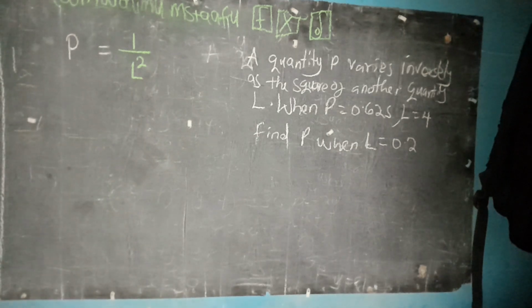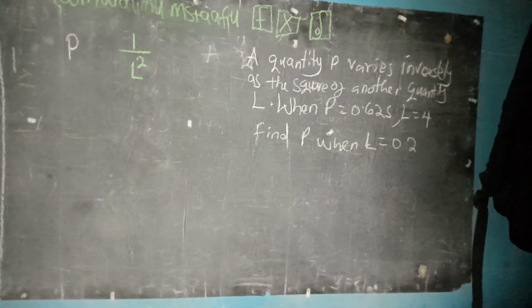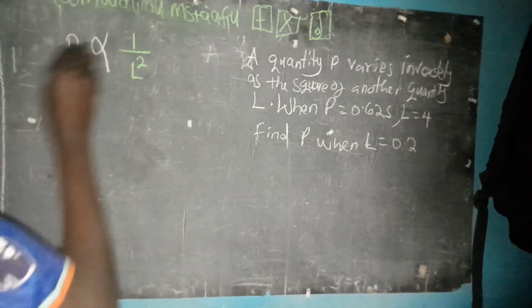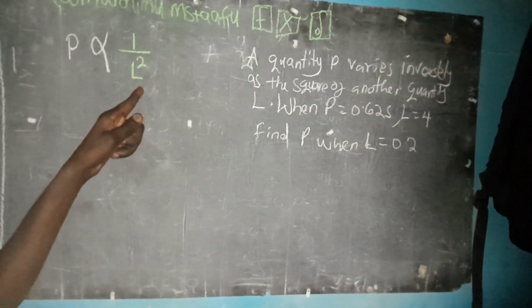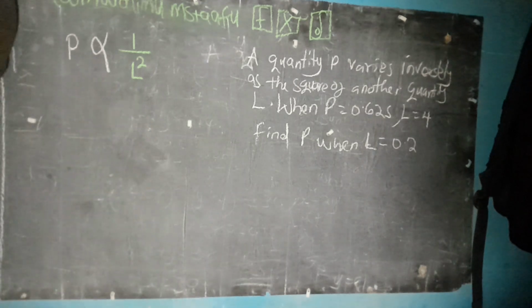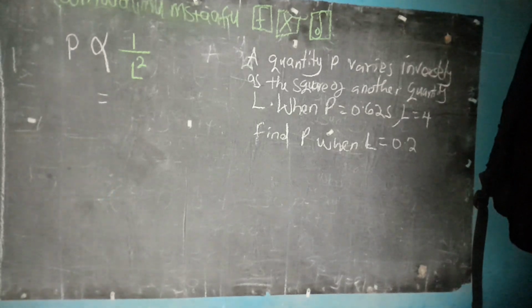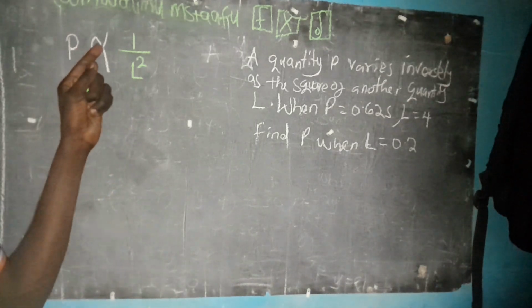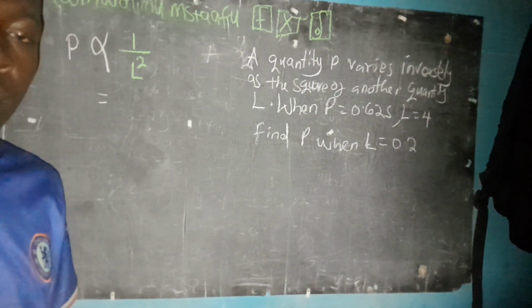So it's just a demonstration. For inverse, the sign for inverse is this one. So P varies inversely as the square of L. Hope we got that. Now, for us to replace this sign with an equal sign, we introduce what we call a constant.